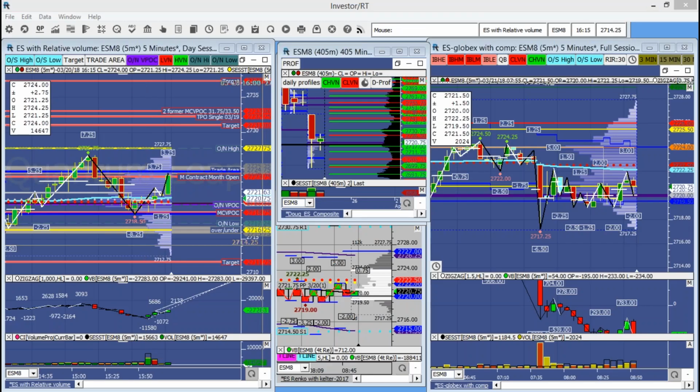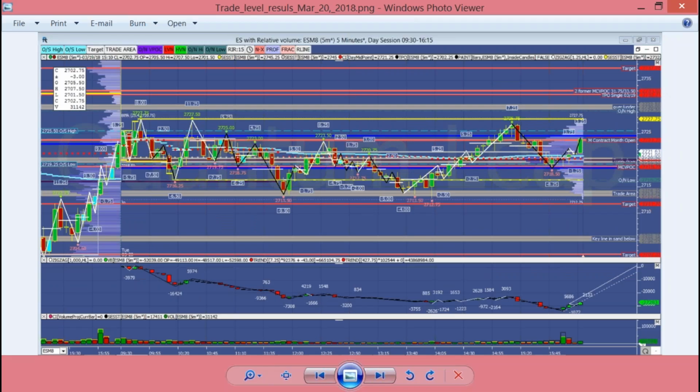What actually played out? Well, basically Hypo 1 and 2, we didn't get a move up into the 30 to 33 area. We only got to 27.75. We rotated down to the 13 area, which was Hypo 2, balance area between 13 and 25.